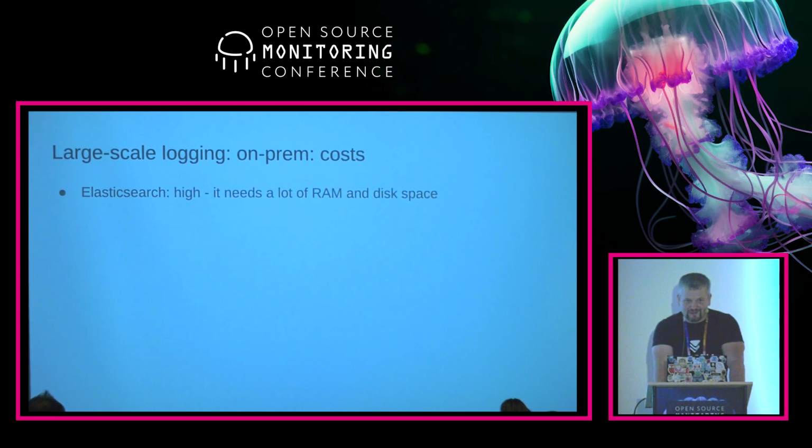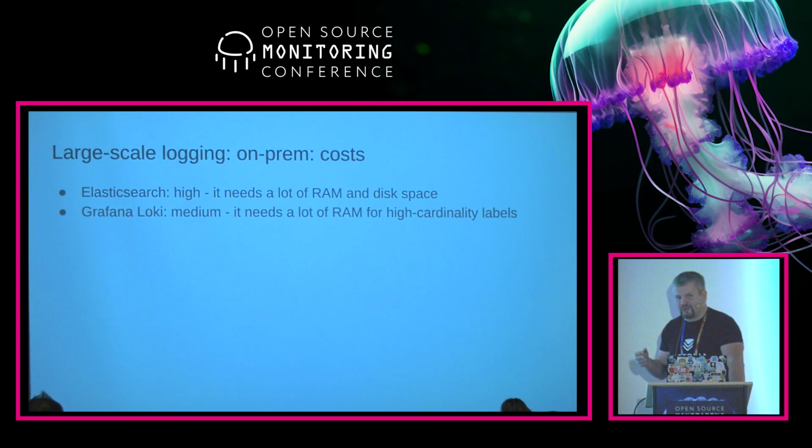What about costs for large-scale logging? Elasticsearch costs are high mostly because of high memory usage and disk space usage. Elasticsearch does not have very good compression for the stored logs. Grafana Loki is better from the costs perspective because it compresses data better than Elasticsearch, but it also has high RAM usage, especially for high-cardinality labels.